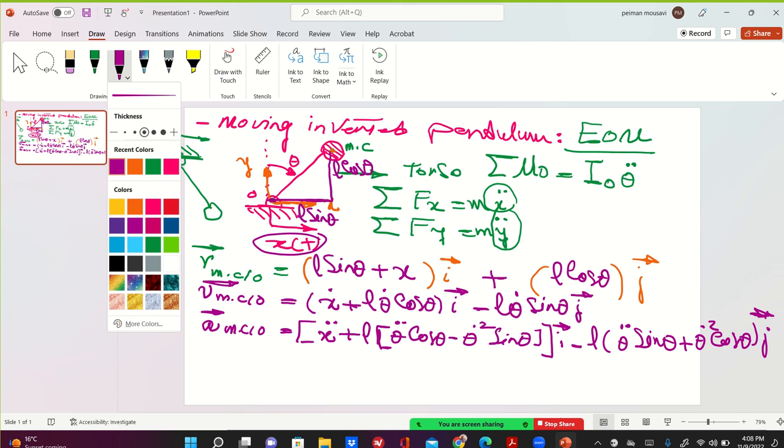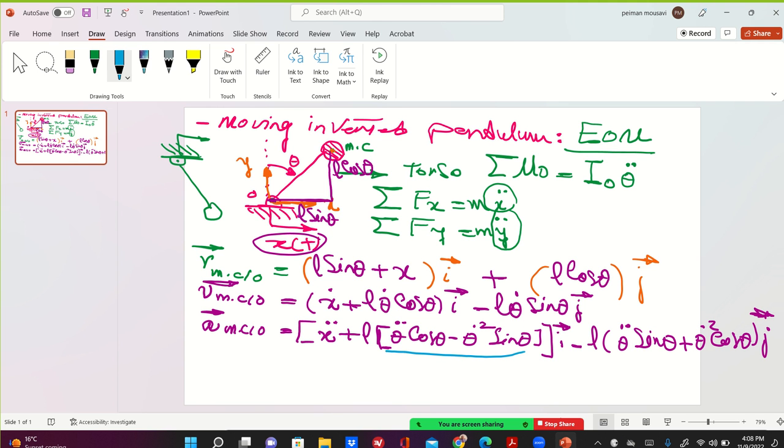As I taught you a million times, this is your x double dot or ax, and this is your y double dot or ay. Clear, everyone? Yes, guys?